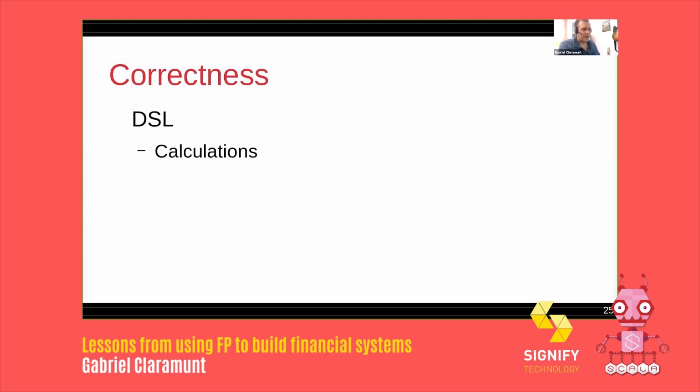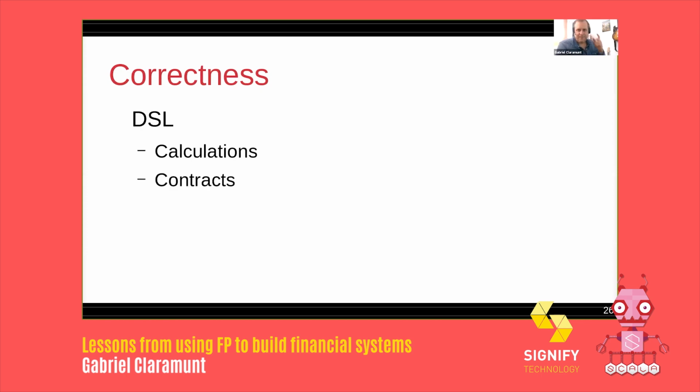Check those calculations, and they can spend a little time figuring out if the calculations are okay. That is way better than having everything scattered around and trying to translate formulas from one place to another. The goal is to have all the formulas in one place, very easy to review by non-programmers. It's not really a DSL, but it's like an isolated part, speaking like a mathematical language, not a programming language.